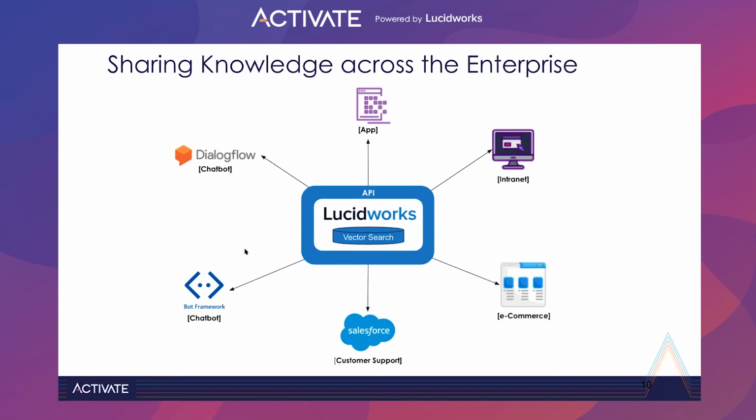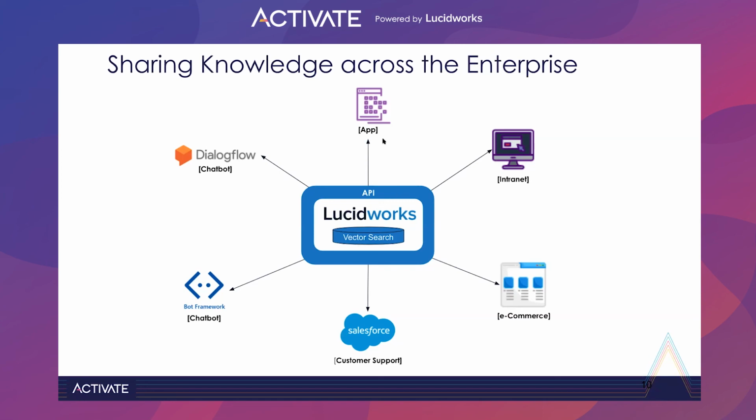It's not uncommon for larger enterprises to have one department using one type of chatbot and another department with their own resources and teams. They may want to build their own chatbot with a different framework. But with this approach, you could still feed from the exact same knowledge base that's been encoded and that's living in n-dimensional vector space.